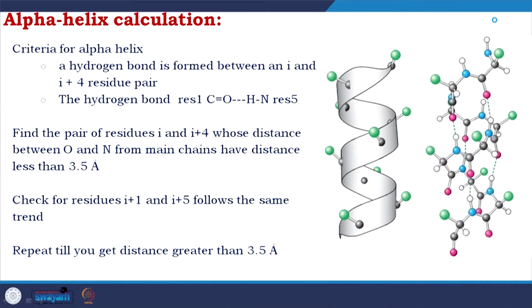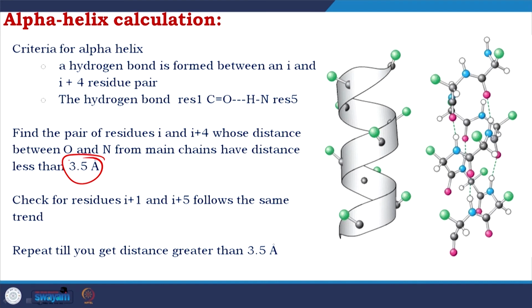You could calculate the existence of an alpha helix. The criterion for alpha helix: a hydrogen bond is formed between i and i plus 4, or N to N plus 4, and the hydrogen bond is between residue 1's carbonyl and residue 5's amide. You have to find the pair of residues i and i plus 4 whose distance between O and N from the main chain is less than 3.5 angstrom. Now, you check that residues i plus 1 and i plus 5 follow the same trend.